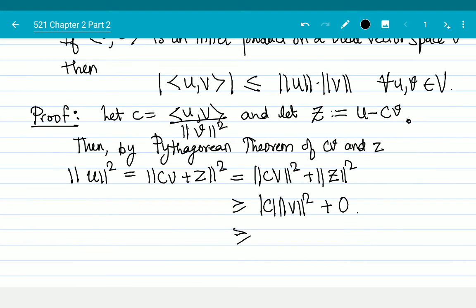Well, what is norm of CV squared? It is C squared times norm of V squared. What is C? C is ⟨U, V⟩ over norm of V squared.